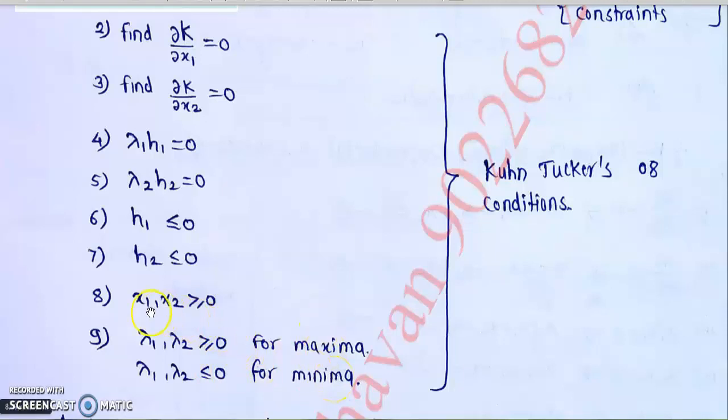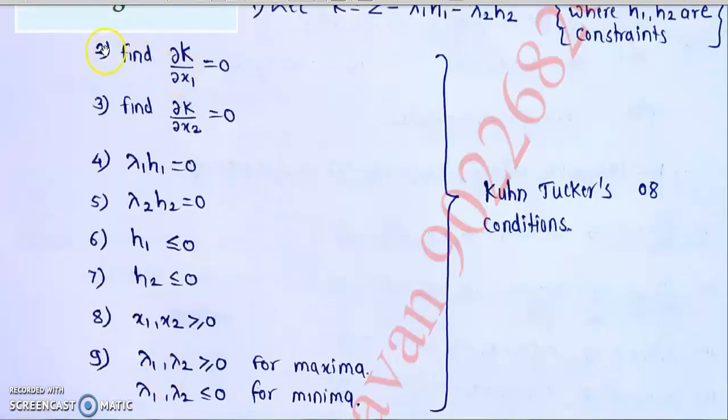I repeat, both conditions contain one thing in common, that is, what if lambda 1 and lambda 2 are both 0. Then we use the Hessian matrix to decide maxima and minima. So conditions from serial number 2 to 9, these are the 8 conditions called Kuhn-Tucker conditions.